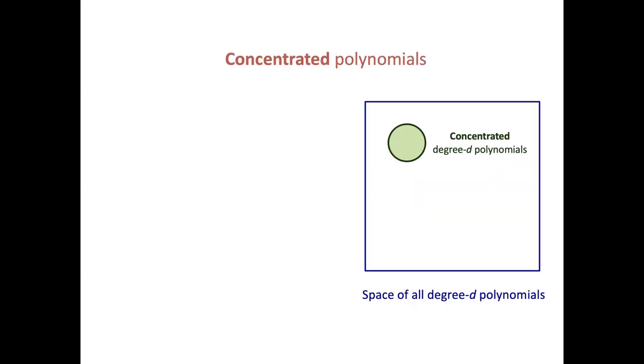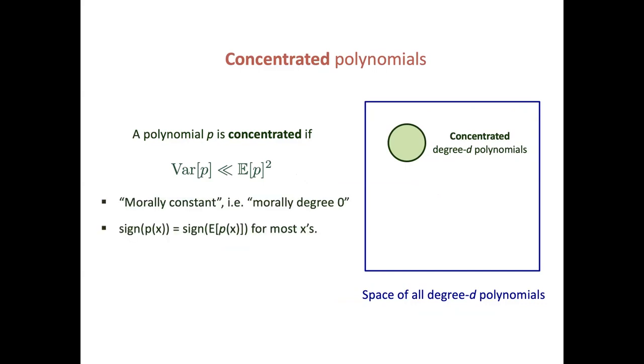To state the lemma more precisely, I have to tell you about a special subclass of polynomials, the subclass of concentrated polynomials. These polynomials have a very simple definition. We say that P is concentrated if the variance of P is a tiny fraction of its expectation. This is intuitively a very appealing property in that such a polynomial P we can think of as being morally constant, or equivalently morally degree 0.